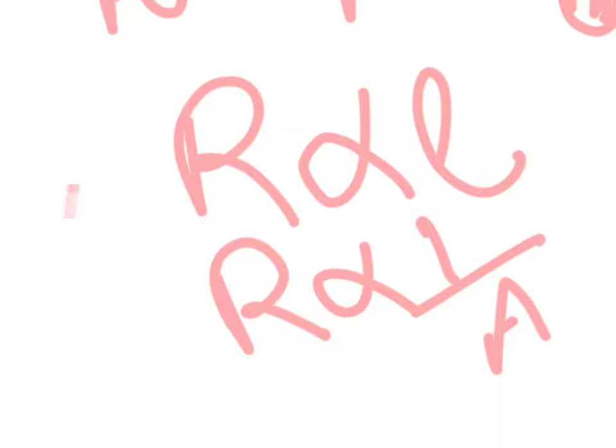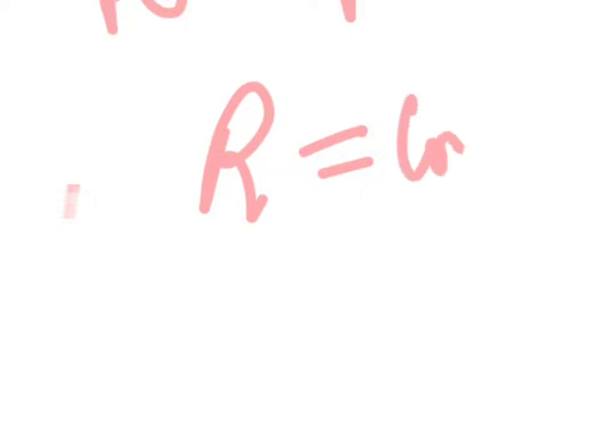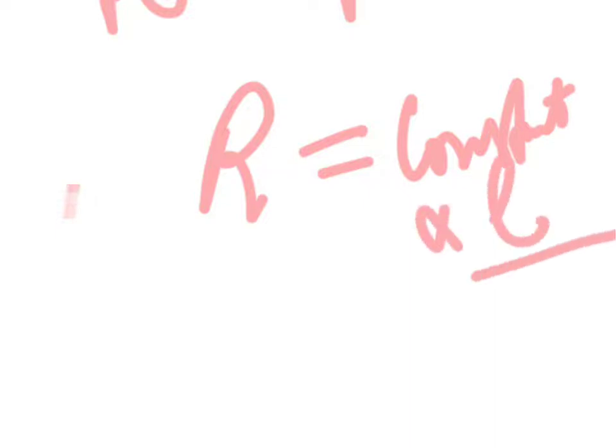In the last lecture, I said if we replace the proportionality sign by an equality sign, then we have to introduce a constant. So resistance will be equal to a constant times length divided by area.